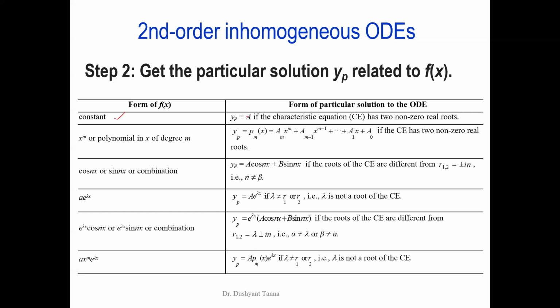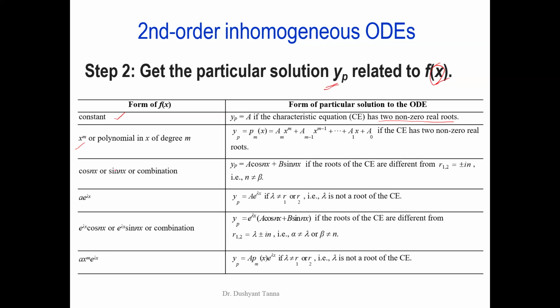yp is simply A if it has two non-zero real roots, or x power m or any polynomial in x. Again, we are talking about f(x). It could be f(t) as well. Here we are talking y is equal to f(x), y is equal to f(t). If x is equal to f of p, it could be a different variable. Just identify what is your independent variable. In this case it is x, and the dependent variable is y.